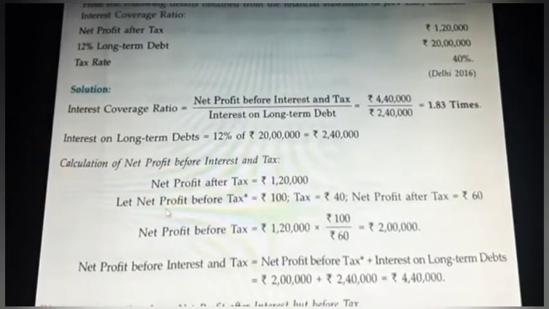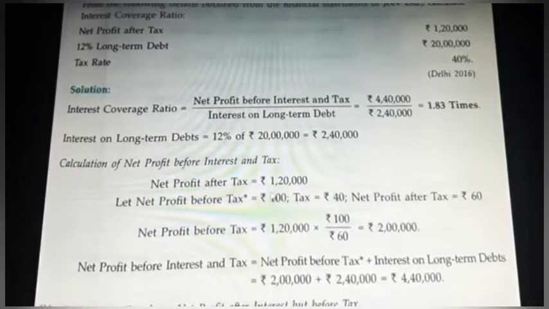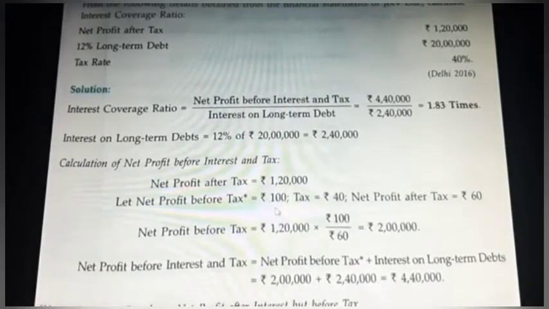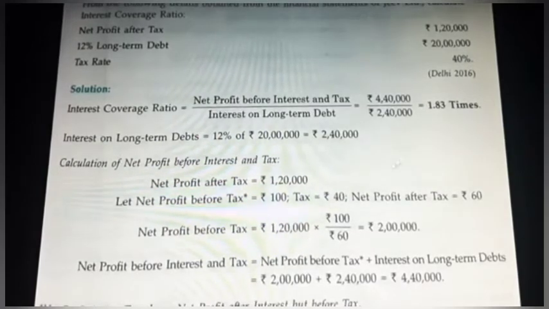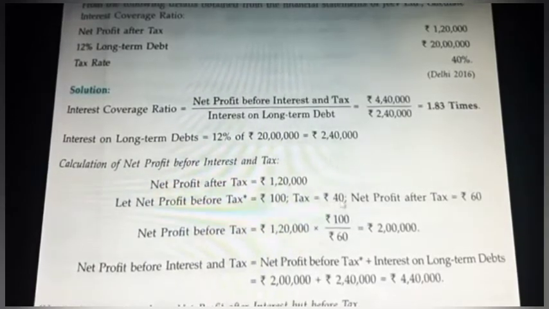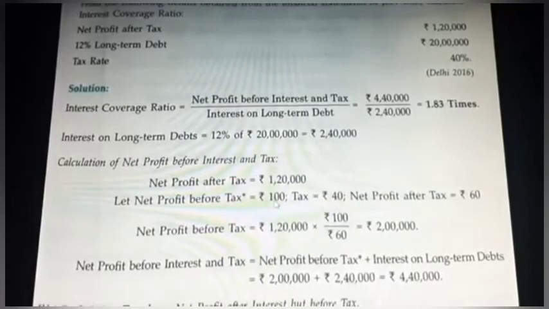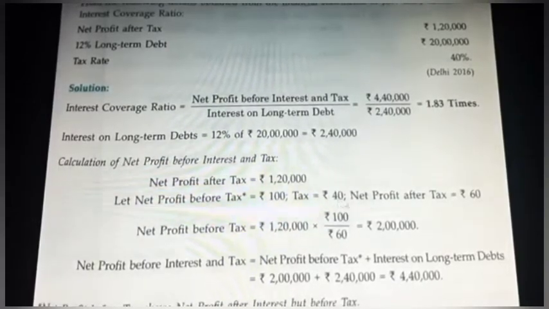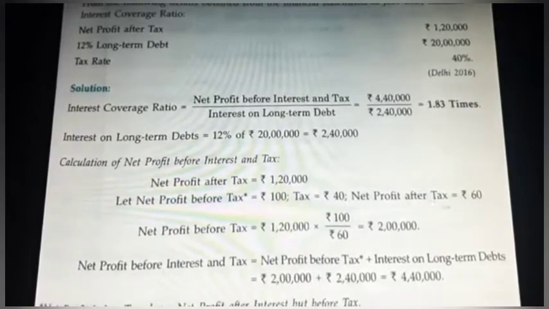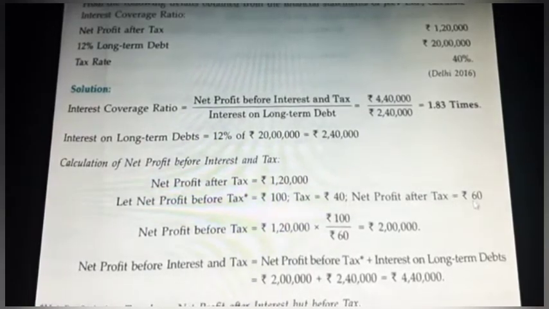So the profit before paying the tax is 100, and the tax rate is 40, so tax is 40. What is the profit left after paying the tax? It's 60 rupees. Is it clear?